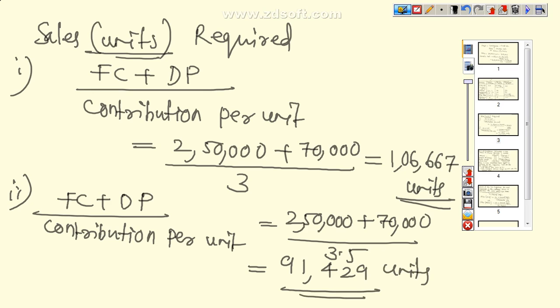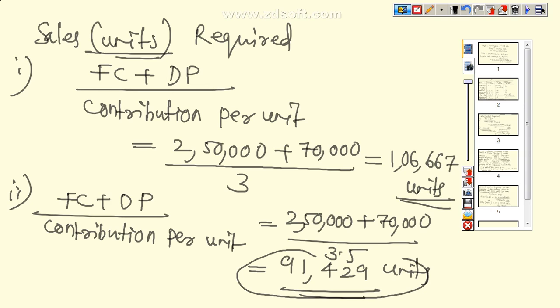So we have to recommend to the management which of the suggestions would be suitable for the company. So if the company desires to maintain the same profit, the second option is better because by increasing the dealer's margin by 25%, the company can sell only 91,429 units and is able to achieve the profit of 70,000.